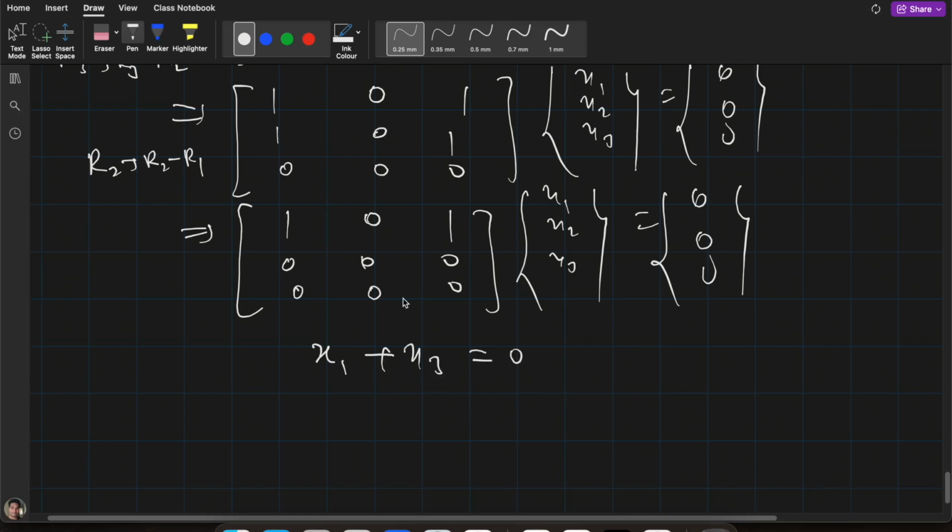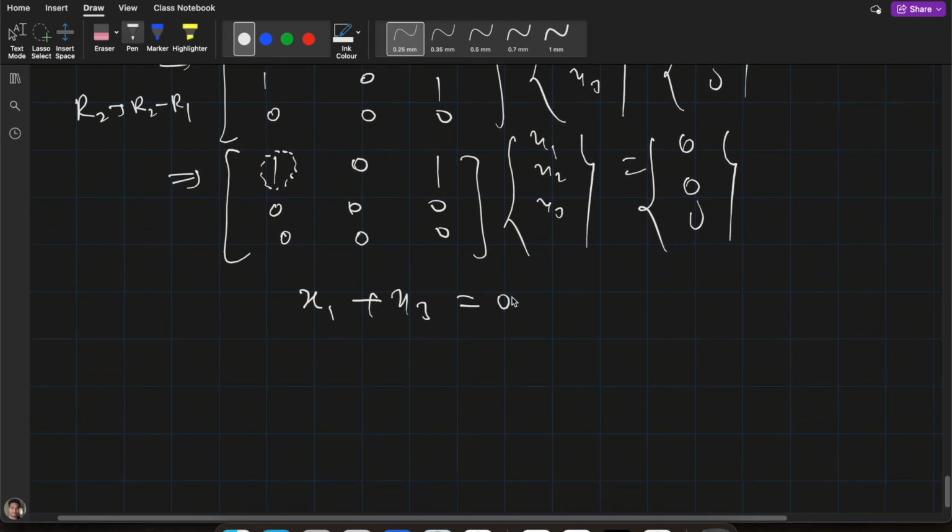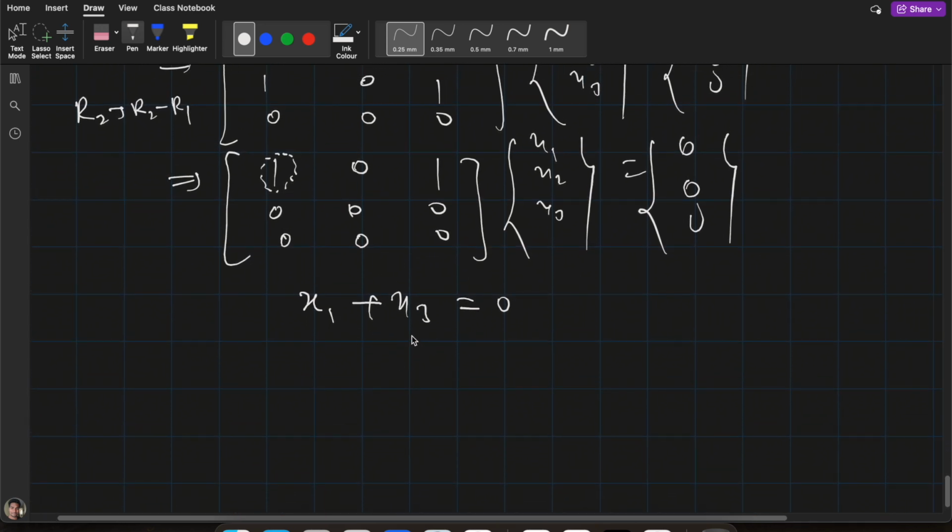Now can you tell me how many pivots are here? One pivot, right? And how many free variables? Two free variables. Okay, fine, good. And which variables are the free variables? x2 and x3, right?